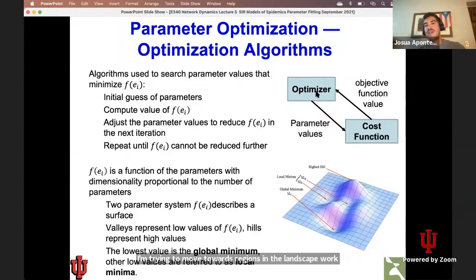The optimizer generates these parameter values and evaluates the cost function. The cost function returns its value, which informs the optimizer so that it can intelligently generate new sets of parameter values and move around this landscape.